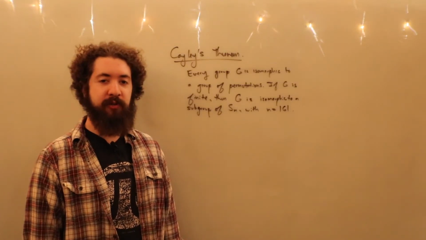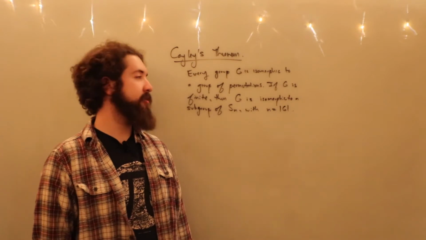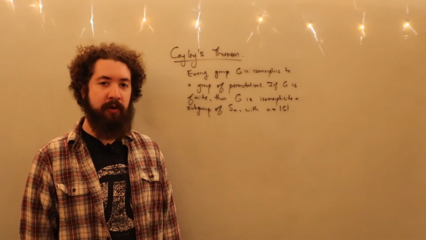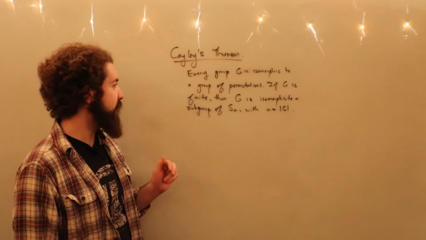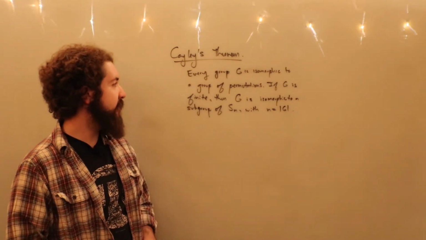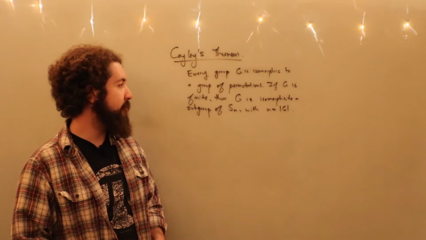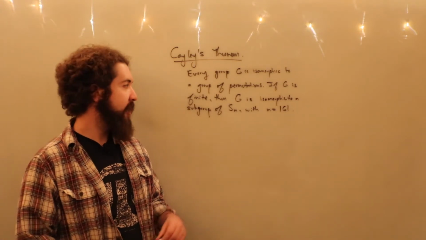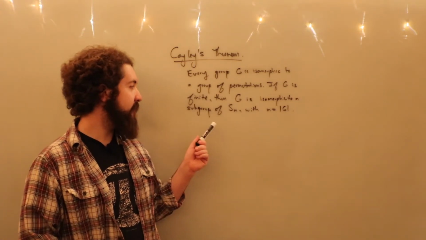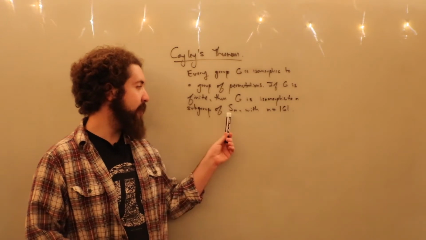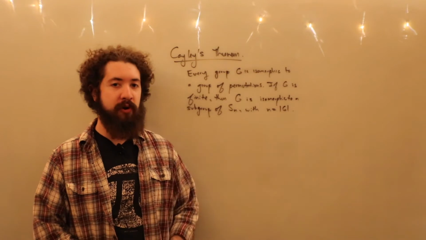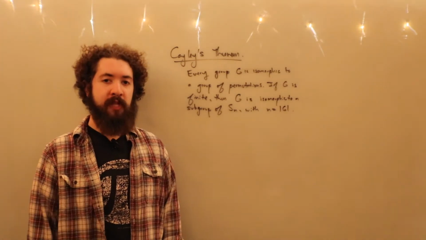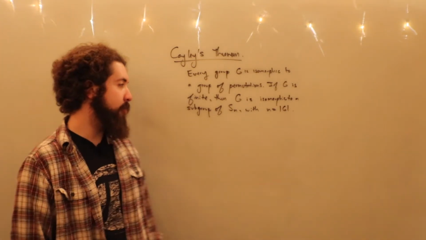Alright, let me remind you of a quick fact that we proved a few videos ago, and one of the most important results in this whole series. Cayley's theorem, a name you should get used to hearing. Every group G is isomorphic to a group of permutations. Particularly, if G is finite, then G is isomorphic to a subgroup of the symmetric group on n symbols, where in this case n is equal to the order of G. One more fact I want you to keep in mind for a moment.